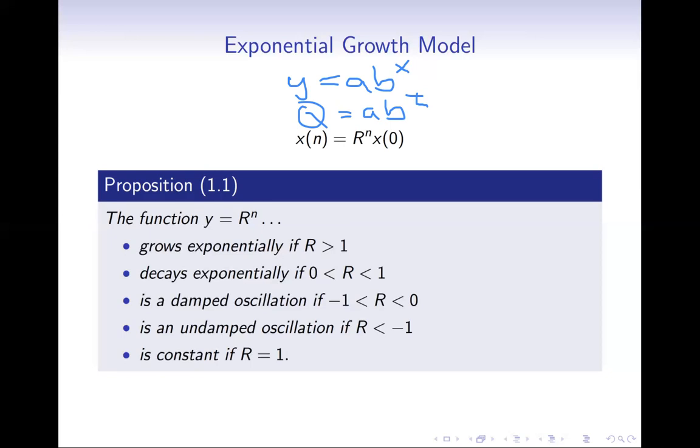It will decay exponentially if R is between 0 and 1. It will be a damped oscillation if R is between -1 and 0. It will be an undamped oscillation if R is less than -1, and it will be constant if that factor is exactly equal to 1.